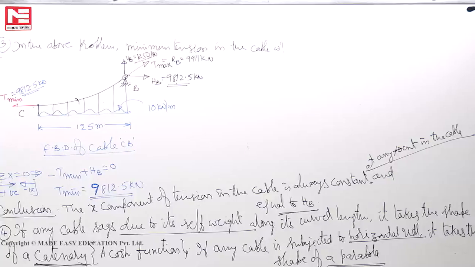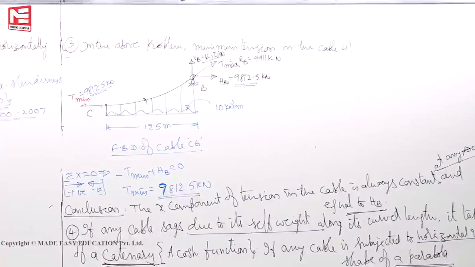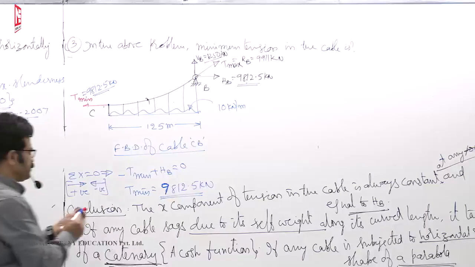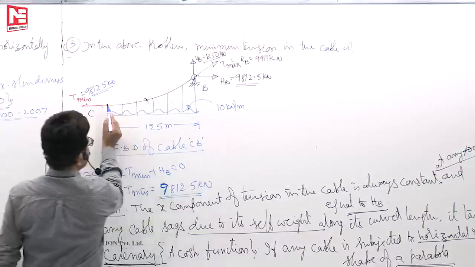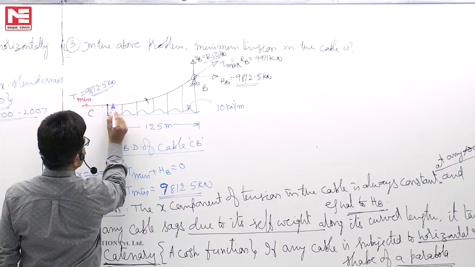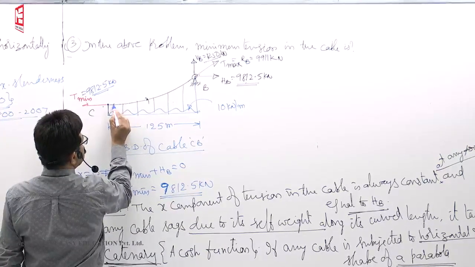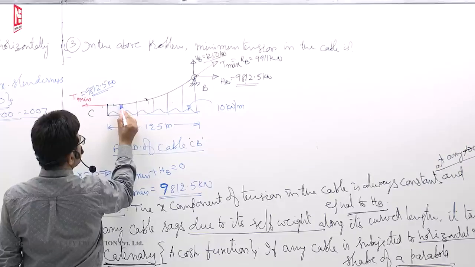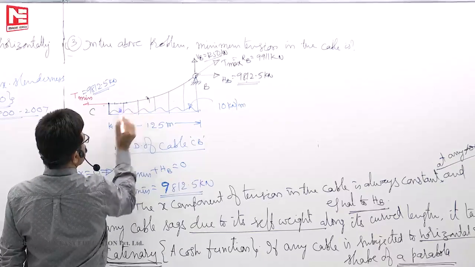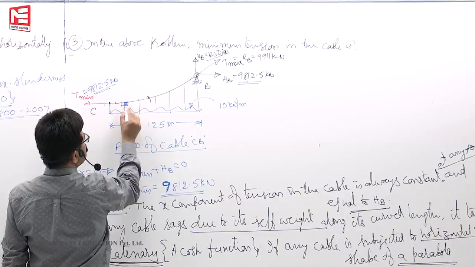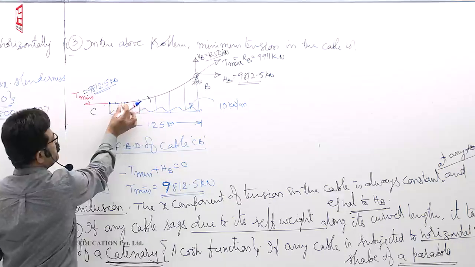Self weight is also like a UDL, but the difference is this. If you take the curved length from here to here, this is the length of the cable. Another length for the same horizontal distance dx is slightly more, so the load will be more.